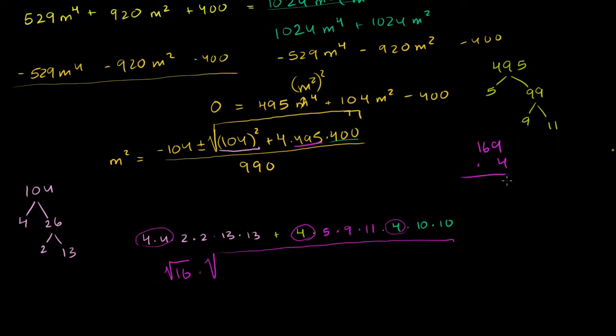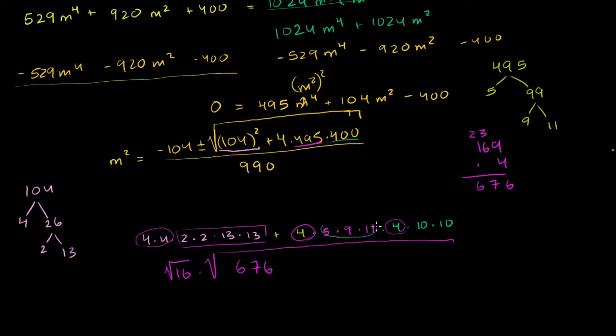So 4 times 9 is 36. 6 times 4 is 24, plus 3 is 27. 1 times 4 is 4, plus 2 is 6. So all of this right over here is going to be 676. And then we're going to have, well, we know what this is right over here.